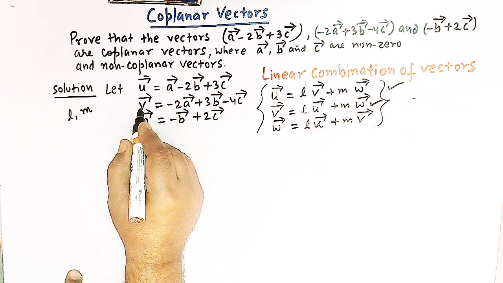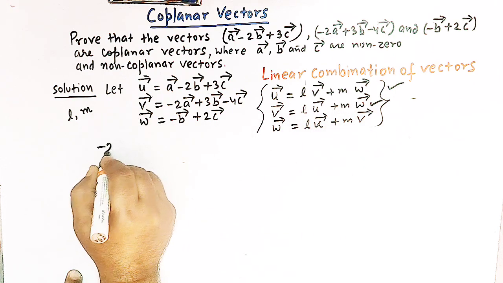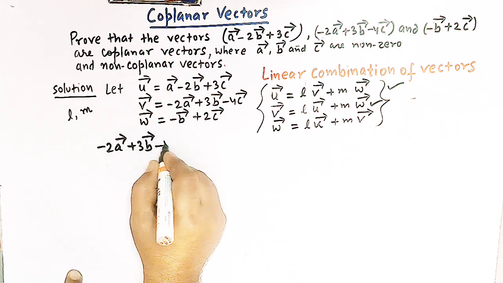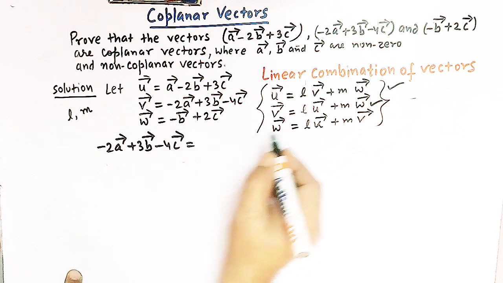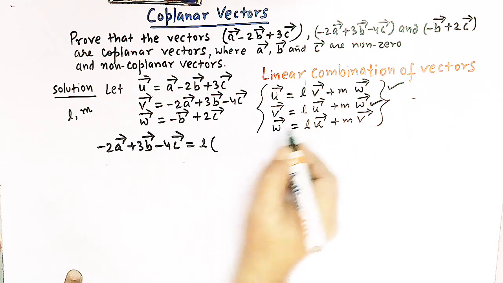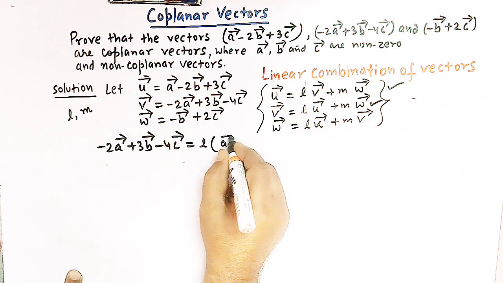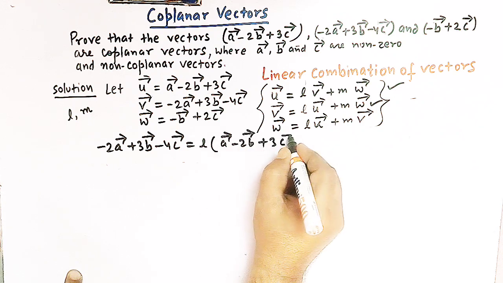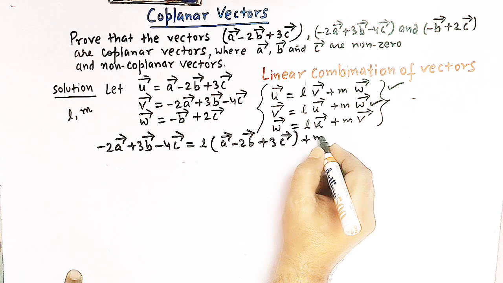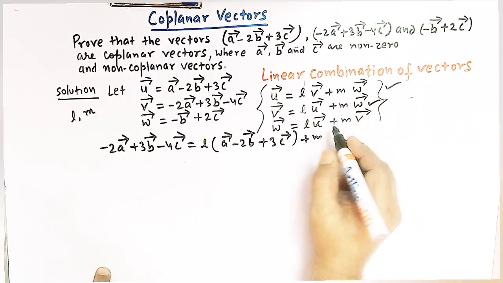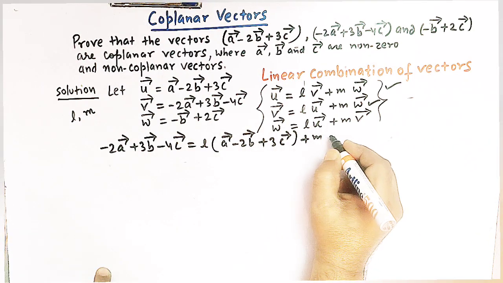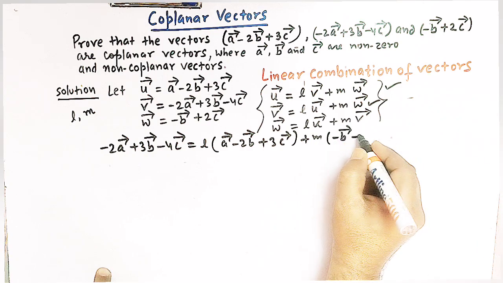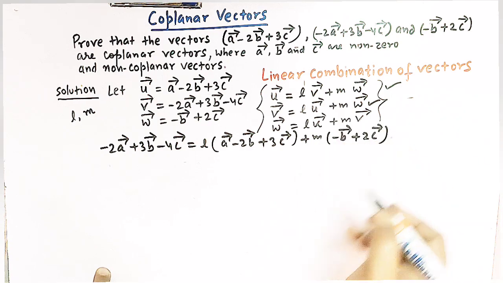So here the vector v is given by minus 2a plus 3b, and here we have minus 4c, and here we have L times vector u, which is a minus 2b plus 3c, and then we have m times vector w. So we have here minus b plus 2c, right?